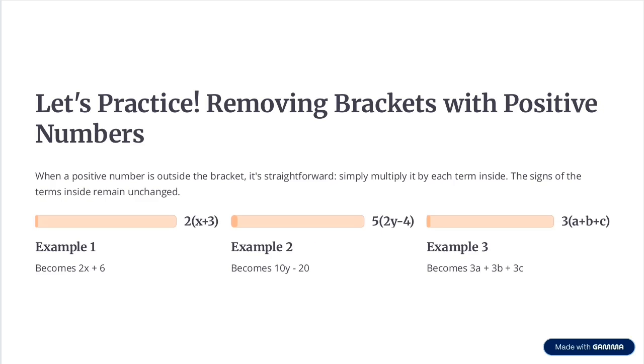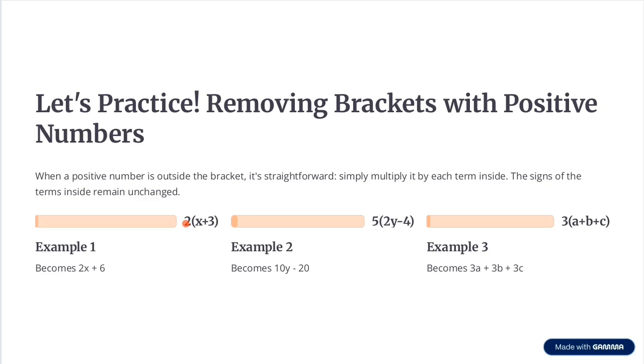Okay. So here, first look at these algebraic expressions: 2 bracket x plus 3 close bracket, 5 bracket 2y minus 4 close bracket, 3 bracket a plus b plus c close bracket. Now you notice that in all three expressions, the number outside the bracket is positive.